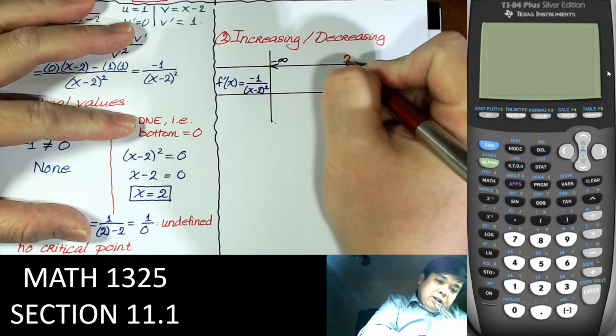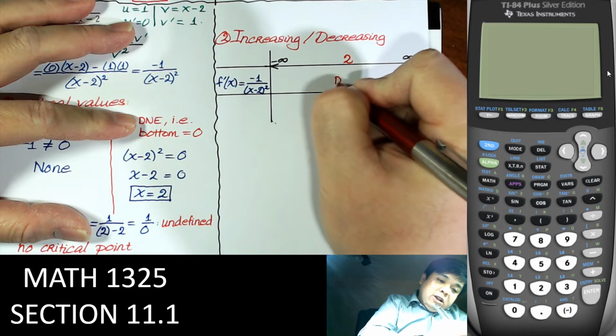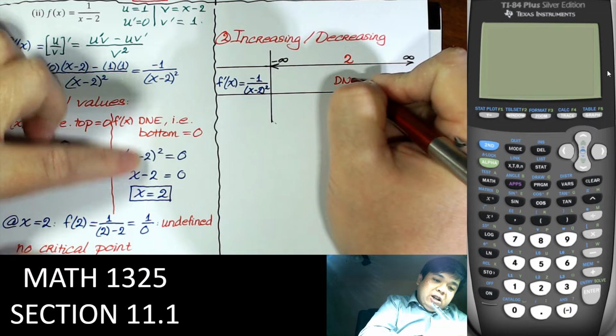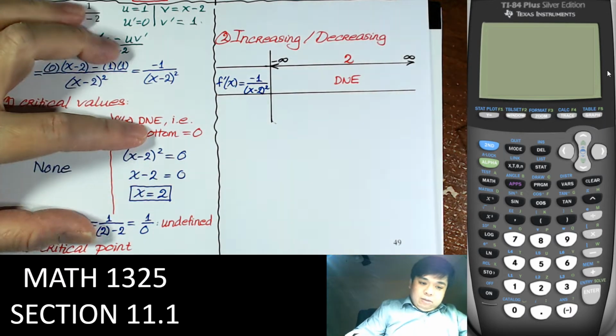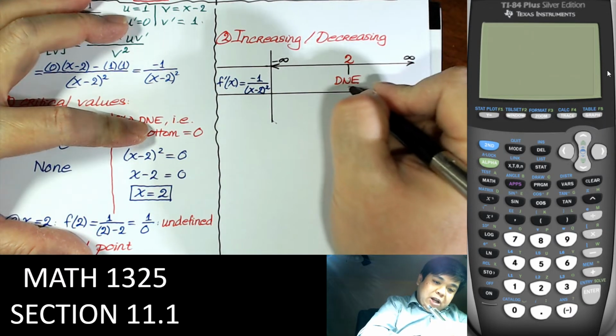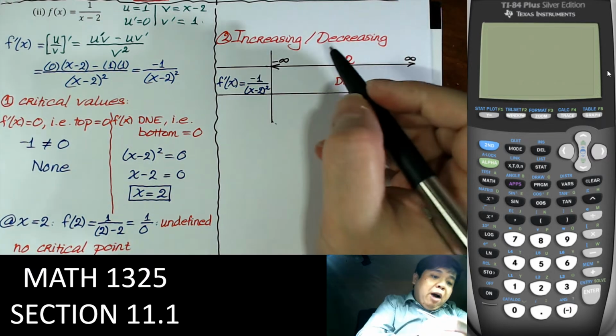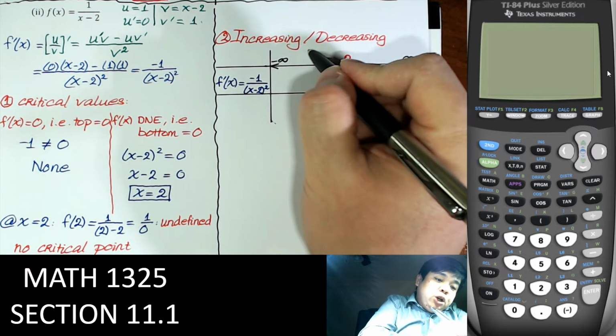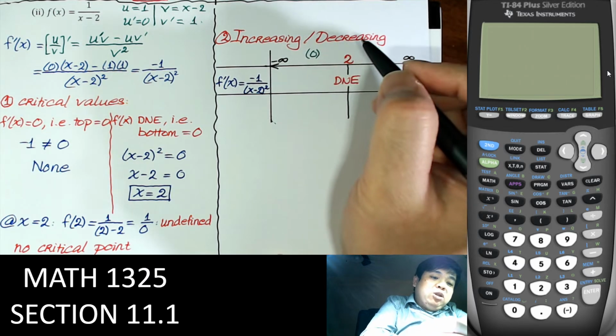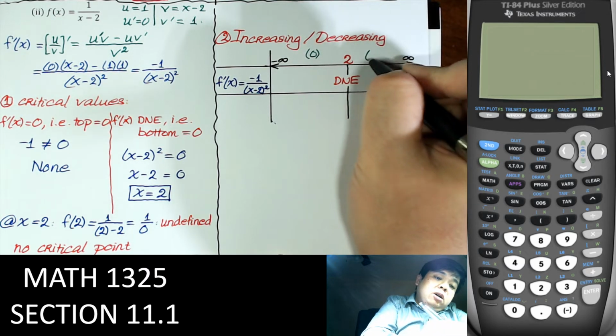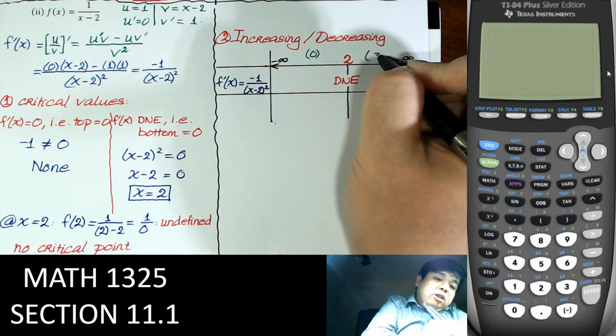That number makes the derivative not exist, because that comes from the does not exist column. Right, the partition number divides the table. Test point: pick a number between negative infinity and 2. I always choose 0 when that's an option. And then between 2 and infinity, 3.